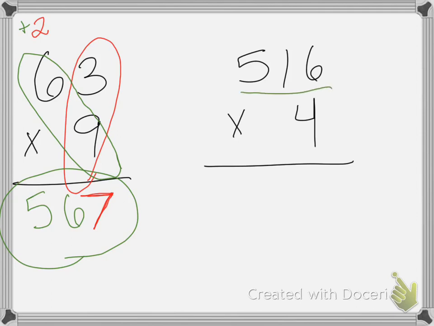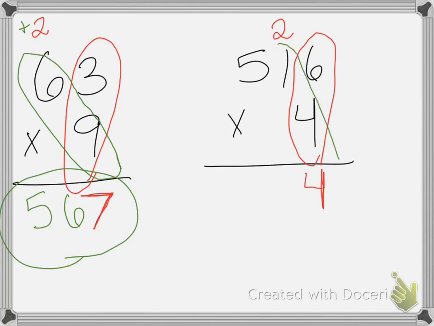Hey, let's try this one. We've got a big number. 516 times 4. In this case, I'm going to again multiply the 4 times the ones place. 4 times 6 is 24. The 4 goes to the ones place, and the 2 gets carried over to the tens place. Then I multiply 4 times 1. 4 times 1 is 4.